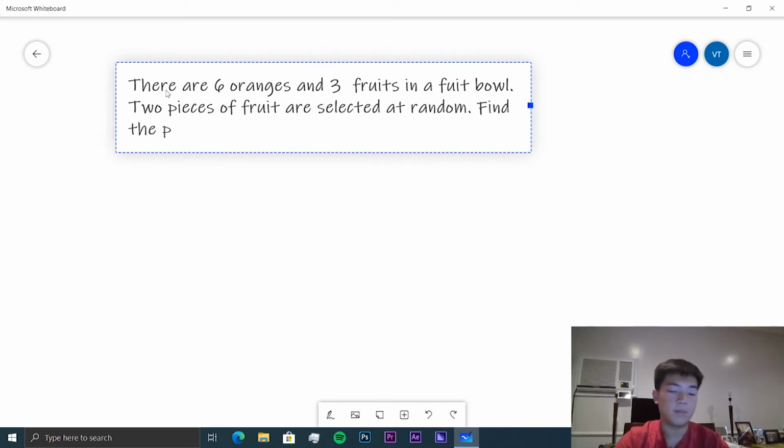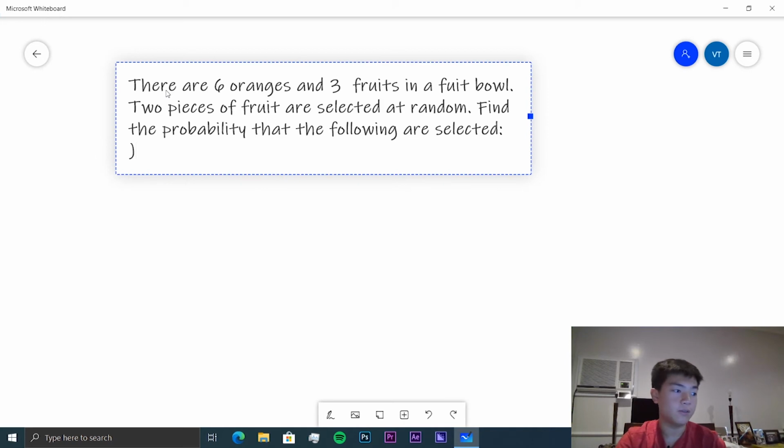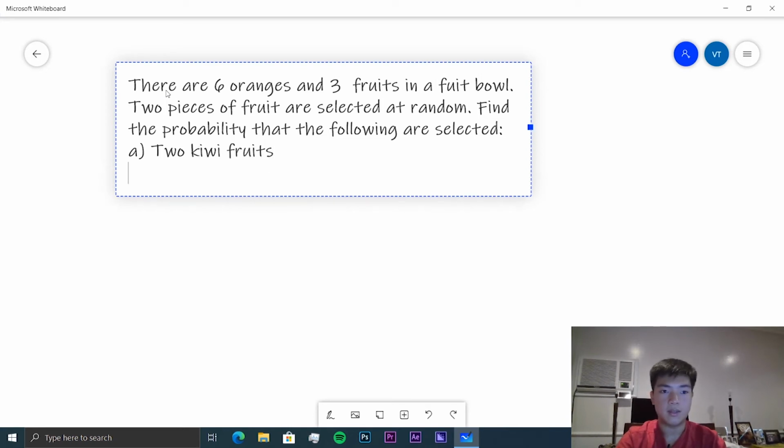Find the probability that the following are selected. So first, 2 kiwi fruits. And next, 2 different pieces of fruit.